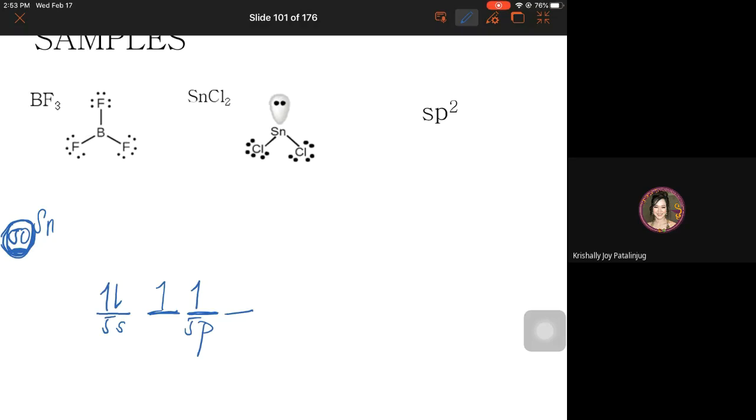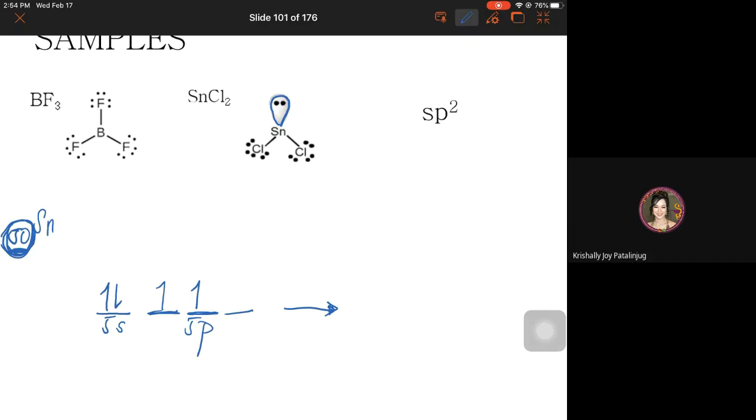Alright, so what will happen here is we mix 3 again. Because this lone pair, even if it does not form a bond, any electrons will occupy a certain orbital.